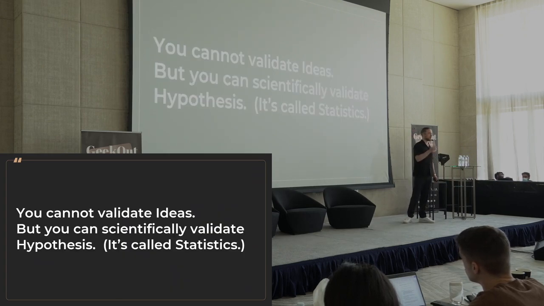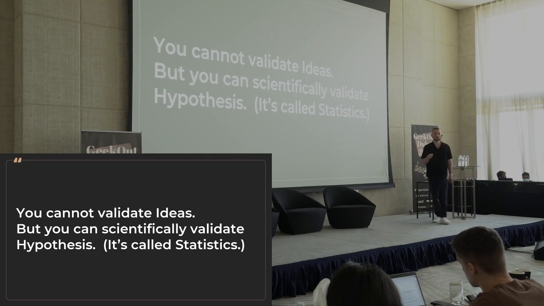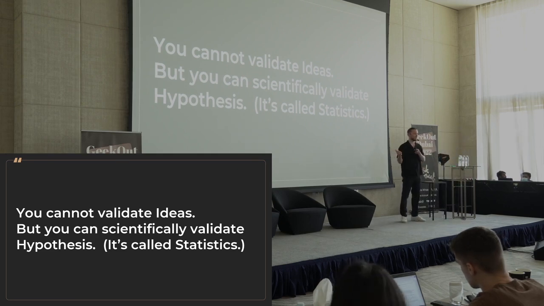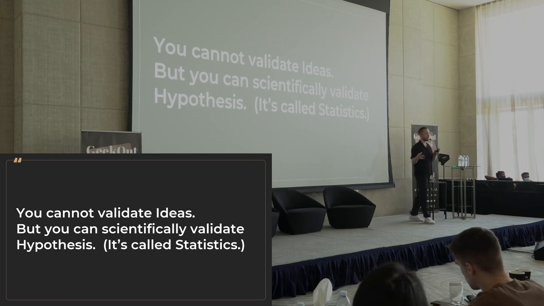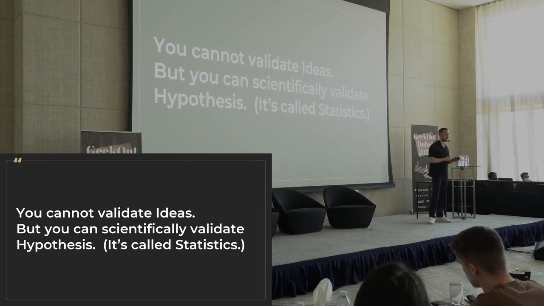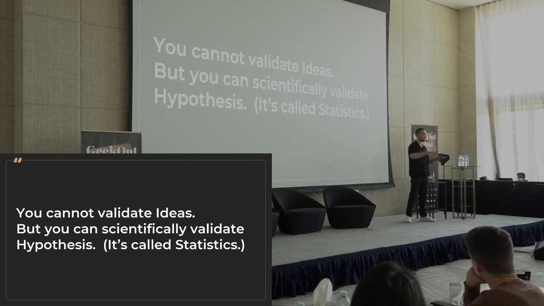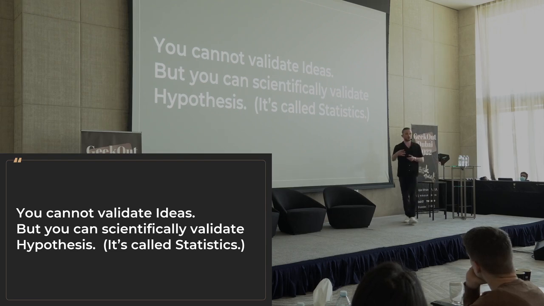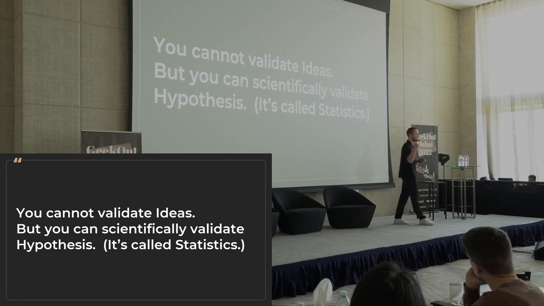And what this does, it forms an idea into a hypothesis, because you cannot validate ideas, but you can scientifically validate hypotheses. It's called statistics. And that's the whole beauty of this process, because it's making everything really scientific. Because you have an idea, you turn it into a hypothesis, you let it run, you gather the data from your customers, and then you can either validate the hypothesis or you can falsify it.